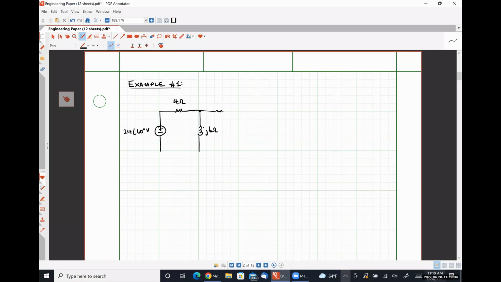We have a connection to an 8 ohm resistor, and then we have a minus J4 ohm capacitor over here. And our goal will be to determine this current, which I'm going to call IC phasor. Okay.